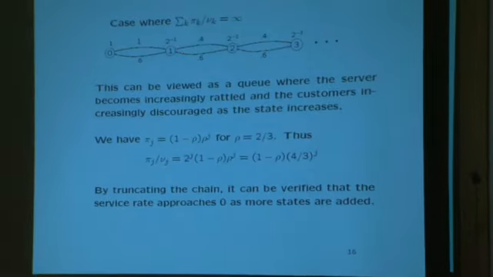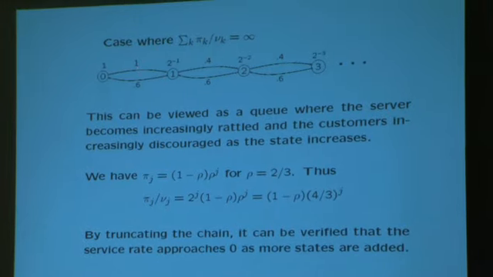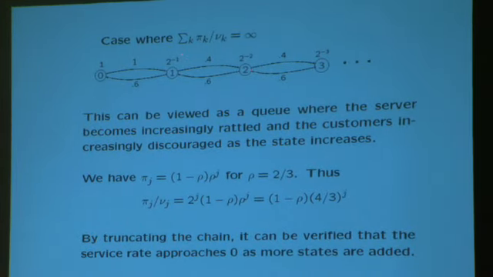The service rate, when there's one customer being served, is 2 to the minus 1. The service rate, when there are two customers in the system, is 2 to the minus 2. The service rate, when there are 3 customers in the system, is 2 to the minus 3. For each of these states, we still have these transition probabilities for the embedded chain. In the embedded chain, the only way to get from here to here is with probability 1, because that's the only transition possible here.